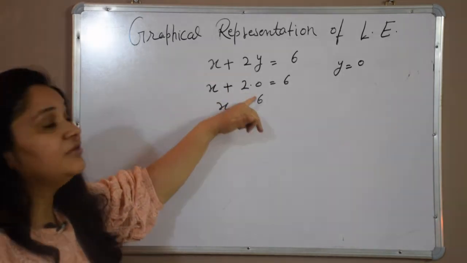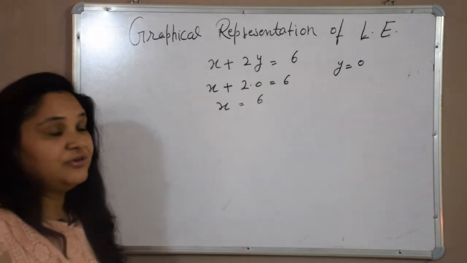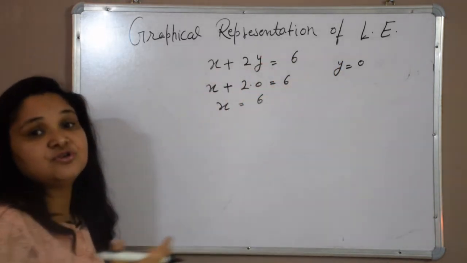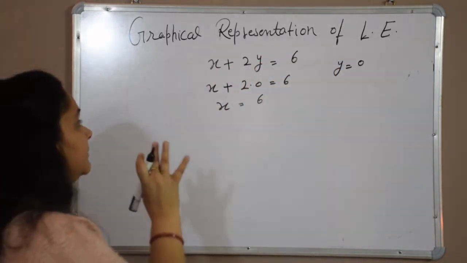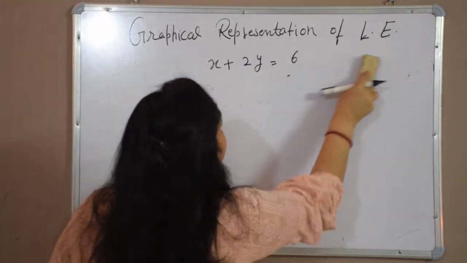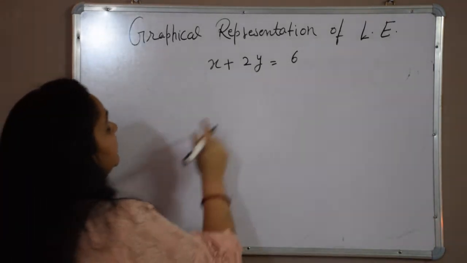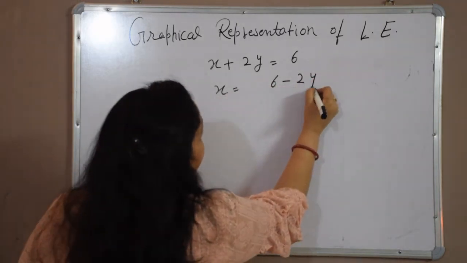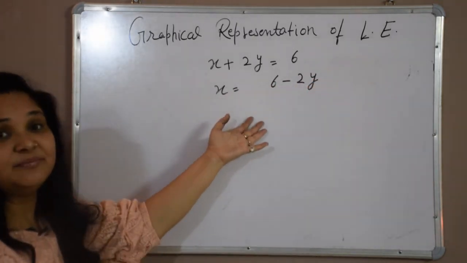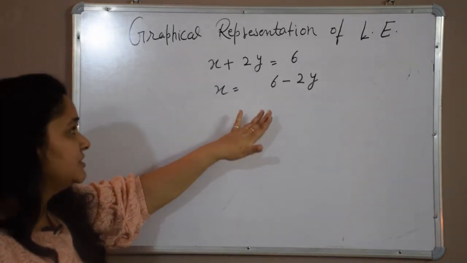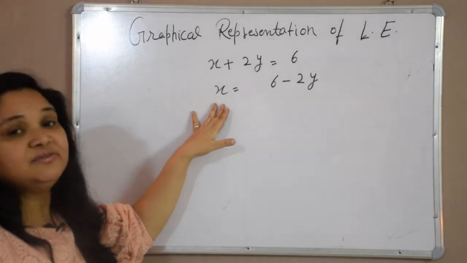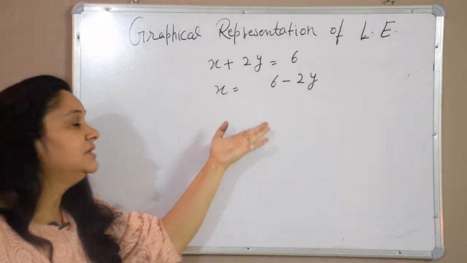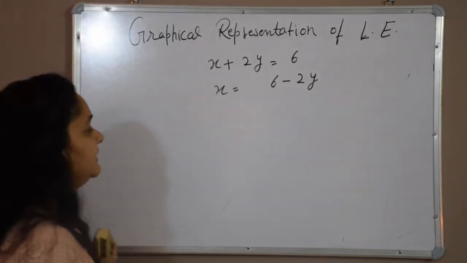Either you convert one of them in the form of the other, or you can keep it as it is and you can choose the values of x or y, or you can apply in the question. Here we will take more examples on that. Here I am converting x in terms of y, but it gives you a simple way. You can easily find a solution. So it is convenient that you can convert one thing into the form of the other variable. It becomes quite easy.